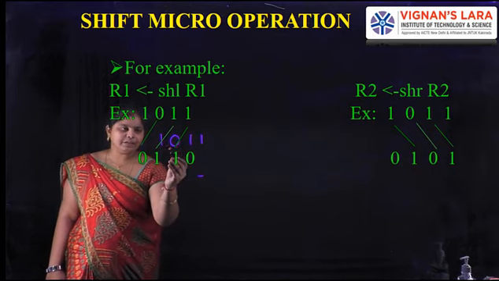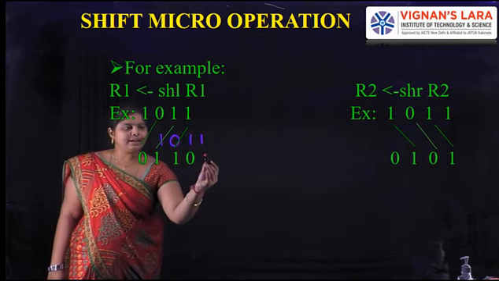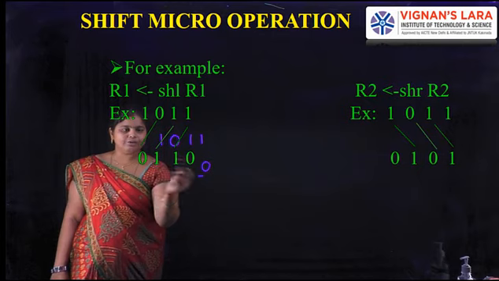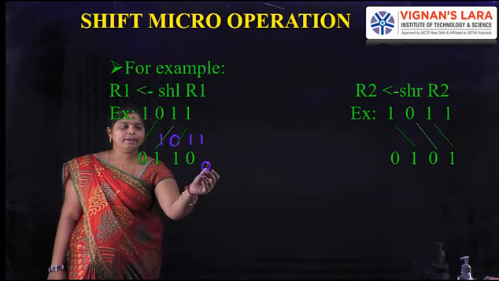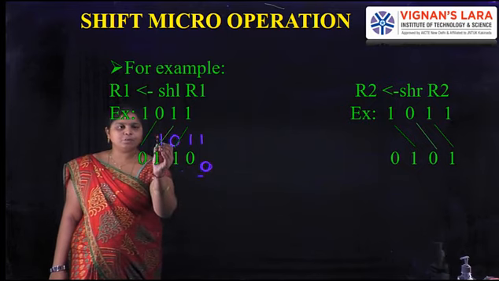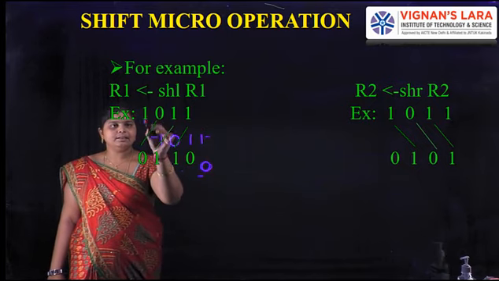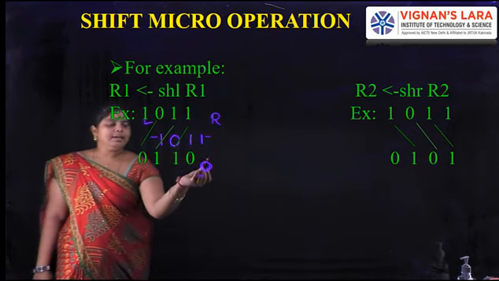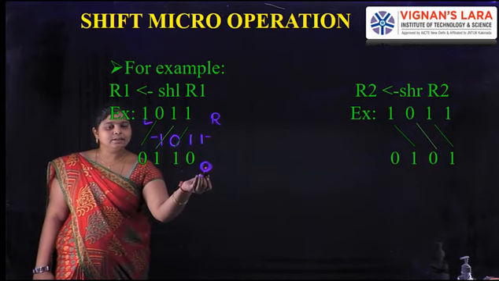This is the shift left operation. The rightmost bit we place as 0. This is the leftmost bit and this is the rightmost bit.